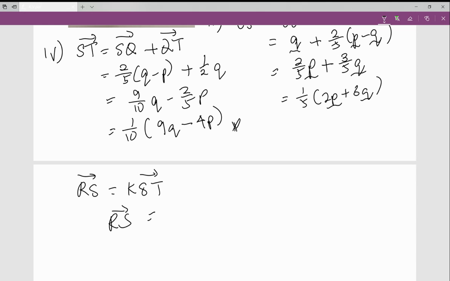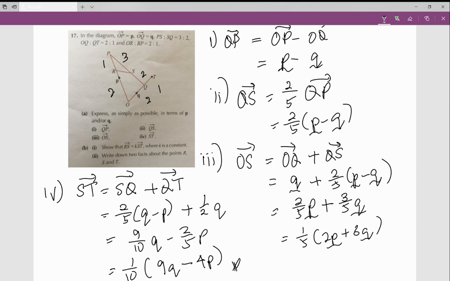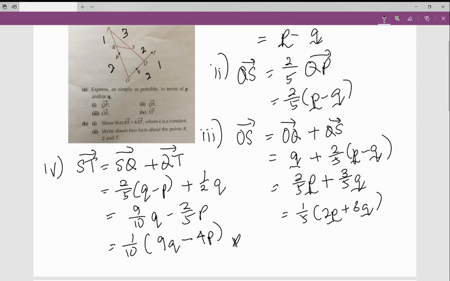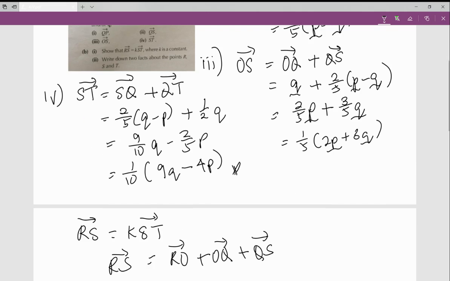If I look at the diagram, RS is RP plus PS. Or you can put RO plus OQ plus QS, which is the same. Let me take the longer route: RO plus OQ plus QS.